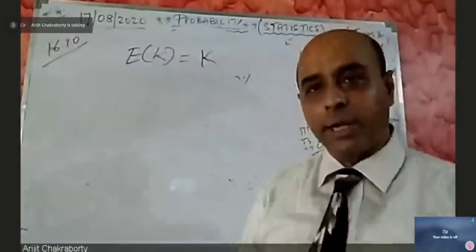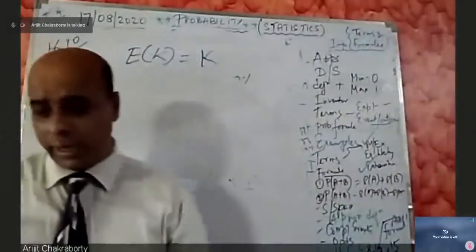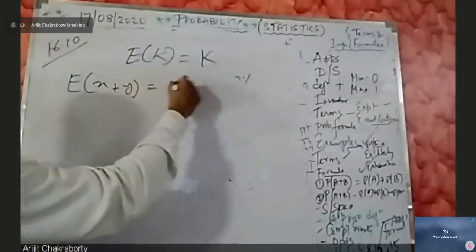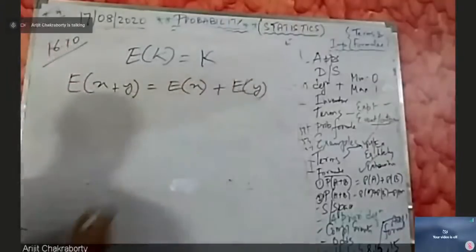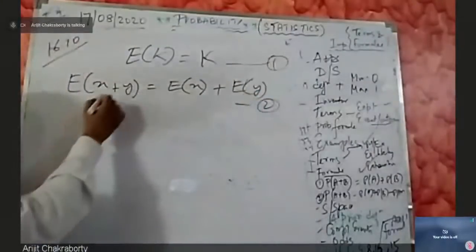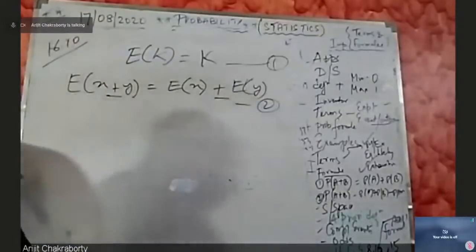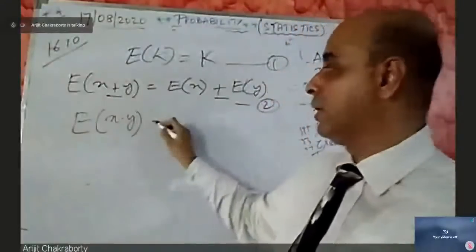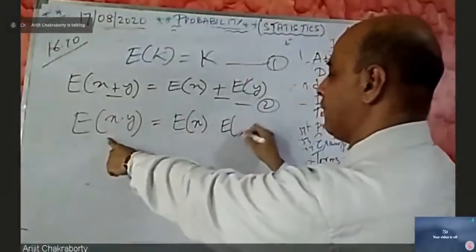Expectation of X plus Y will be equal to expectation of X plus expectation of Y separately. So first formula, second formula. Similarly, E(X minus Y) will be EX minus EY, and the third formula is E(XY), X multiplied by Y, will be equal to the product of EX into EY.